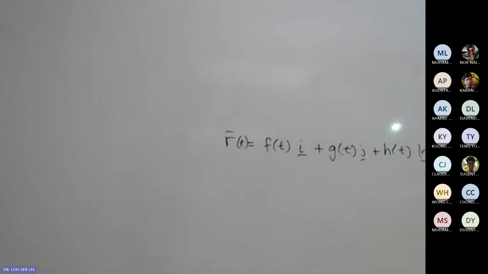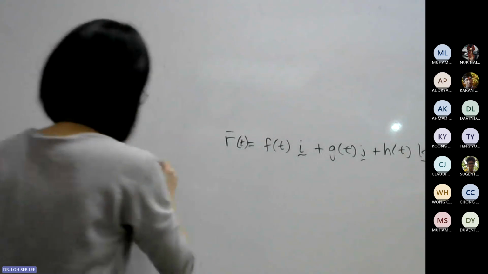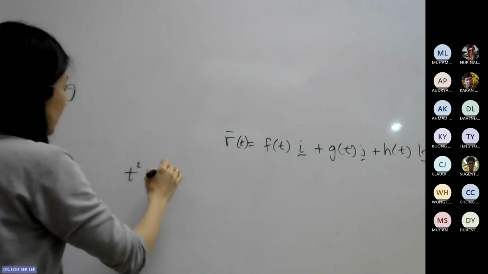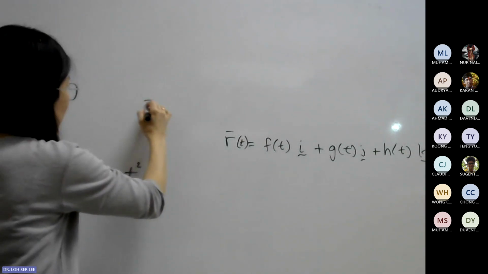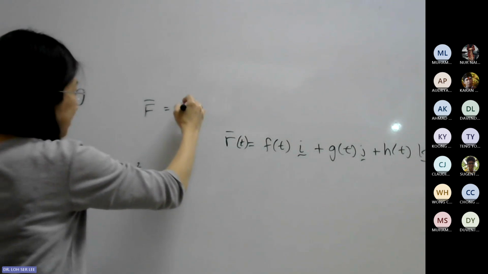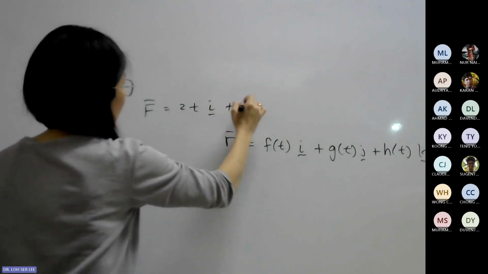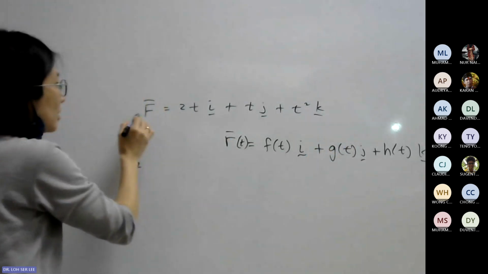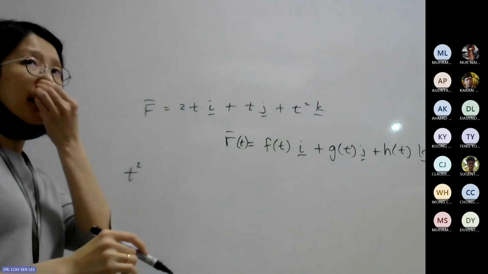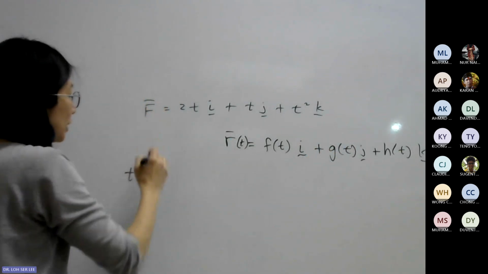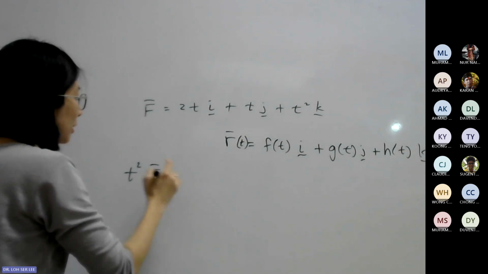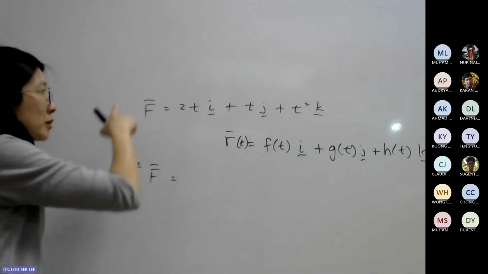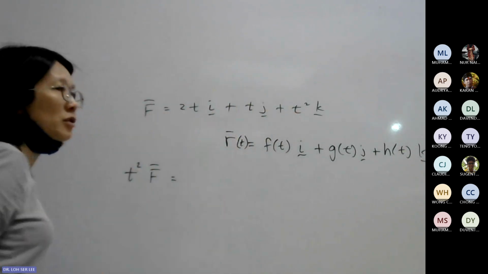For example, let's say you have t squared, and your F function is 2t i plus t j plus t squared k. When we multiply a scalar function by a vector function, t squared is multiplied into every single component function.